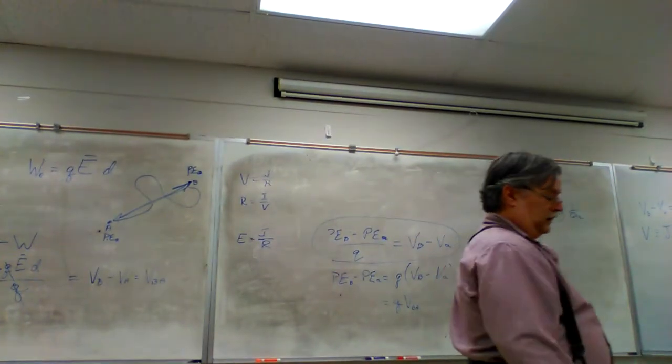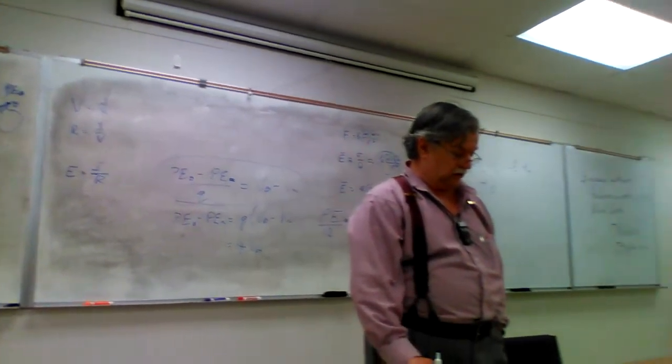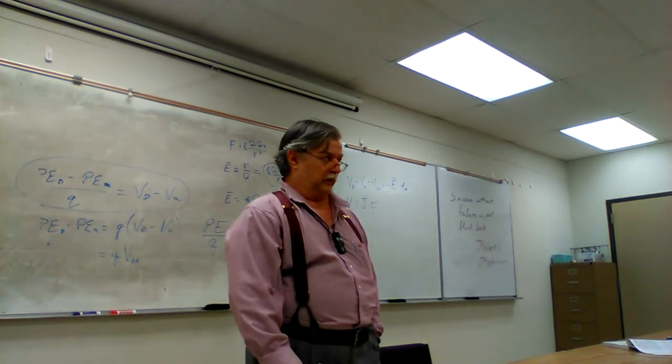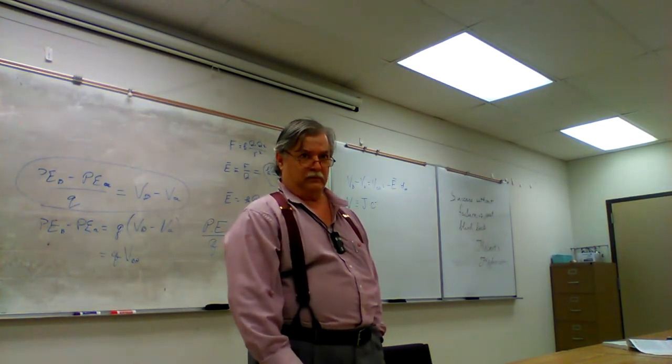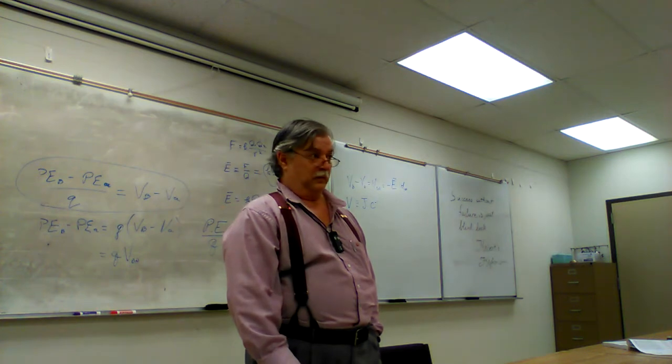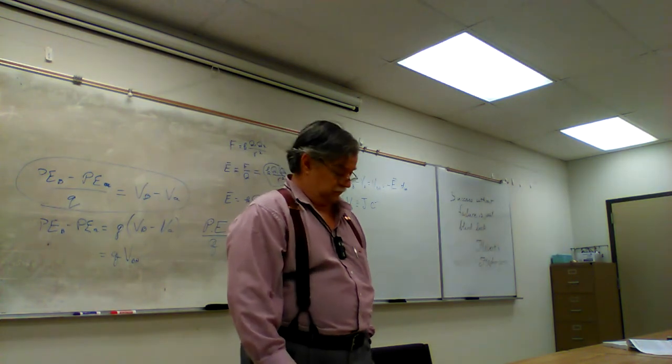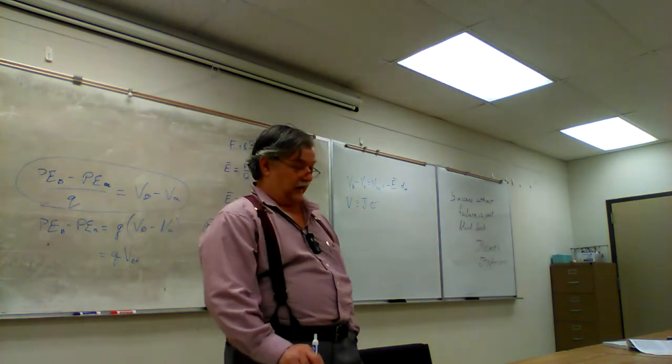Okay, and you do want to remember that because we're going to come to some units of energy pretty quick called electron volts that are going to make a lot of your homework problems a whole lot easier to do. But they can be confusing.